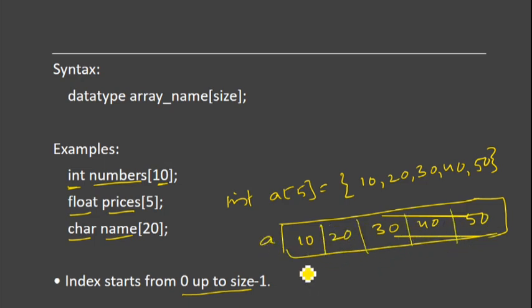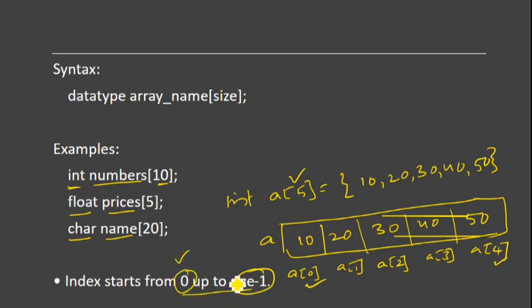This is the variable name. So this 10 is stored in a[0], the first element. This is index a[3] and this is a[4]. The index varies from 0 to n minus 1. So how many values have I given? 5. So 5 minus 1 is 4. The index goes up to size minus 1 because it starts from 0, so 0 to n minus 1.